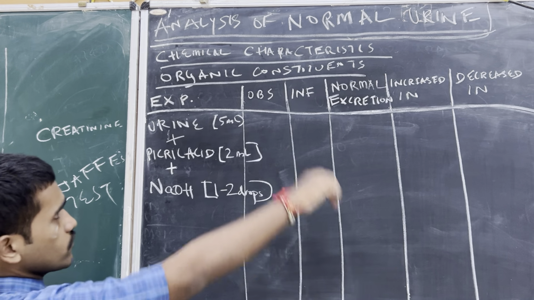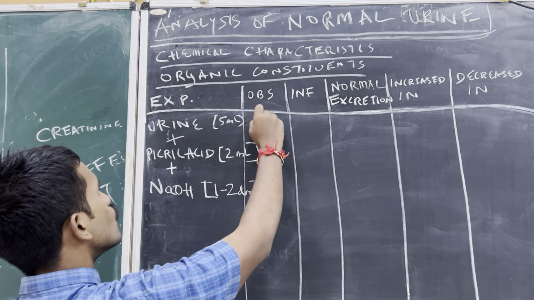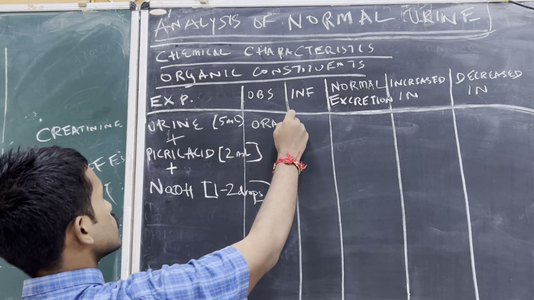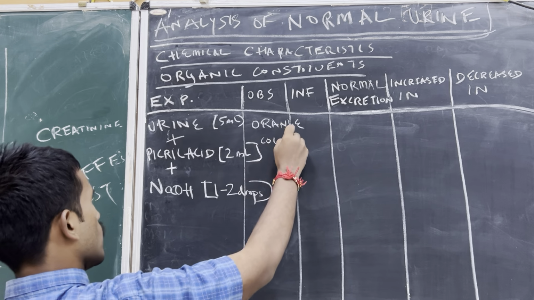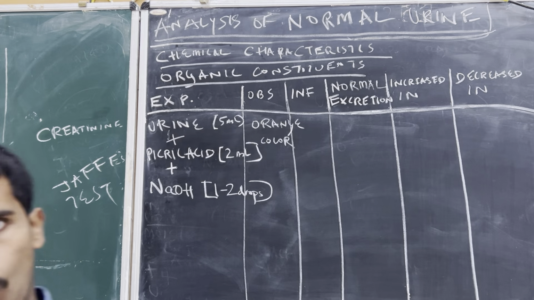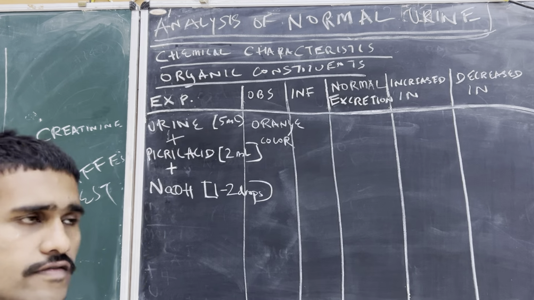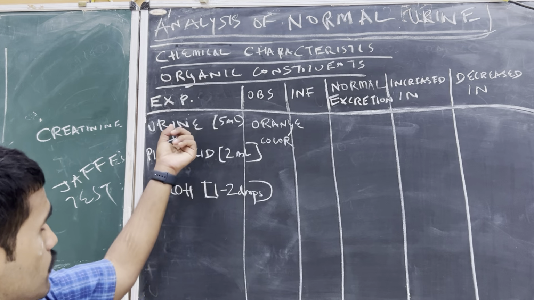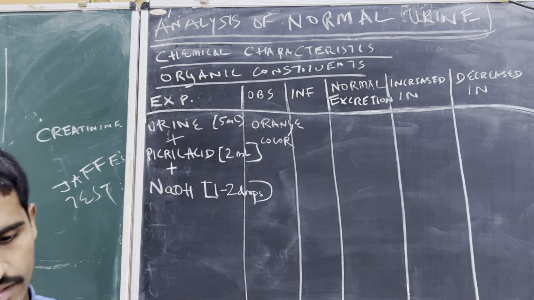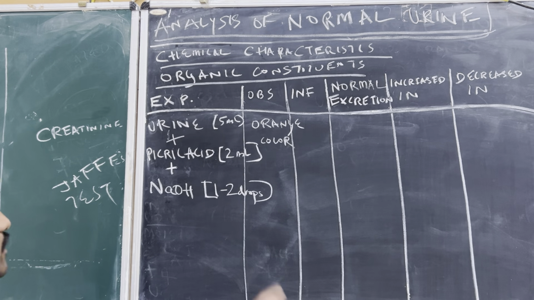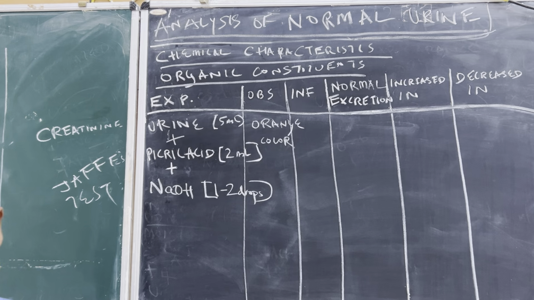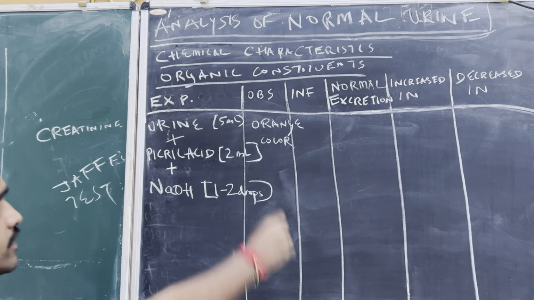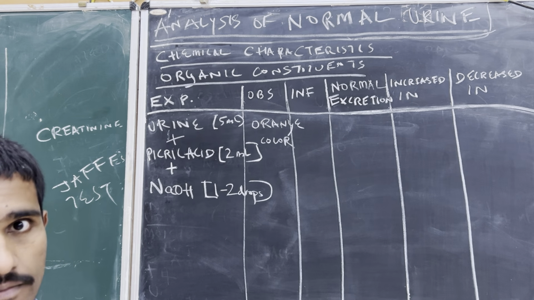What is the observation? Orange color is formed. Why is it so? Because the creatinine which is present in this urine sample reacts with this alkaline picric acid to form creatinine picrate.